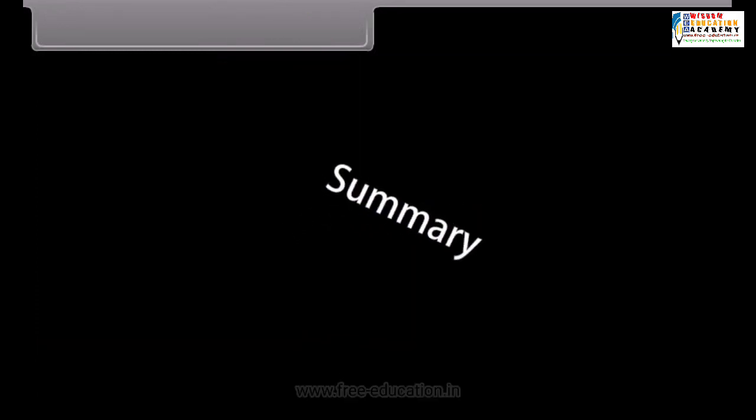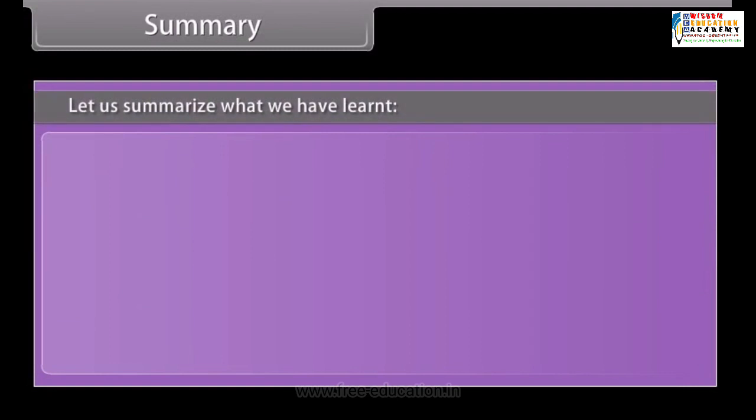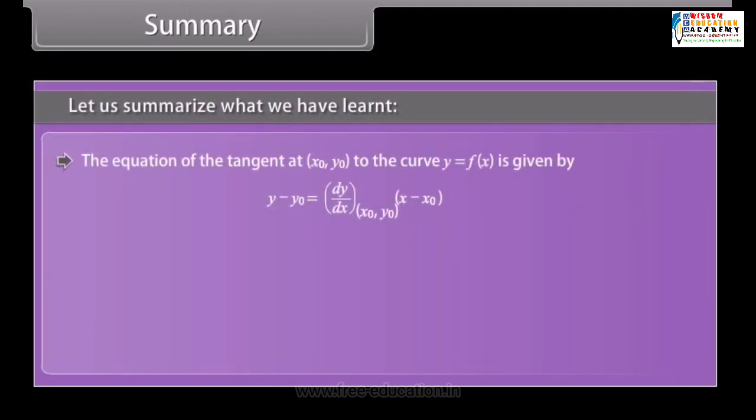Summary. Let us summarize what we have learned. The equation of the tangent at (x0, y0) to the curve y = f(x) is given by y - y0 = (dy/dx) at (x0, y0) times (x - x0).